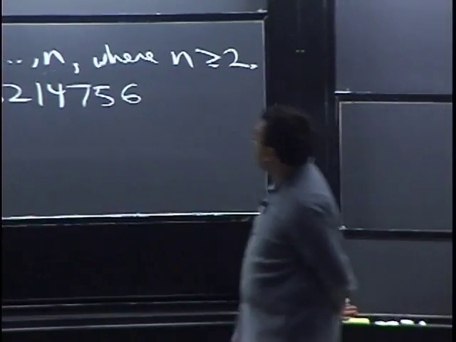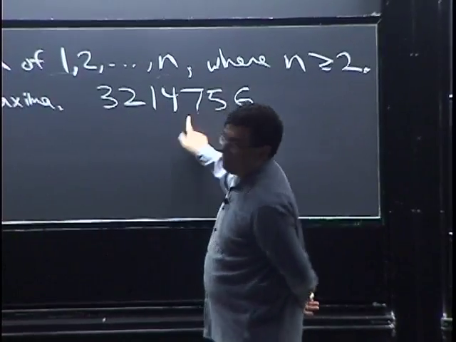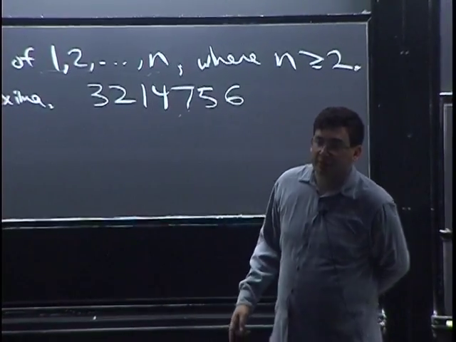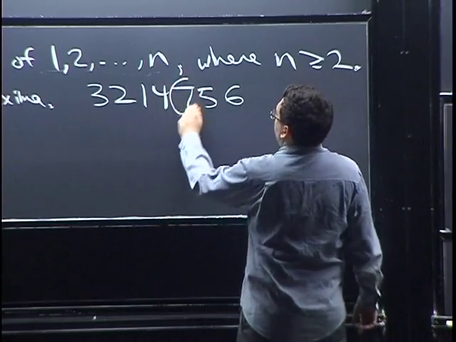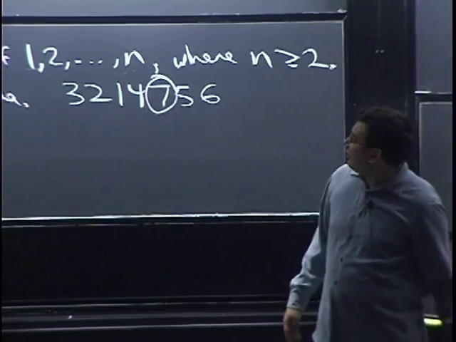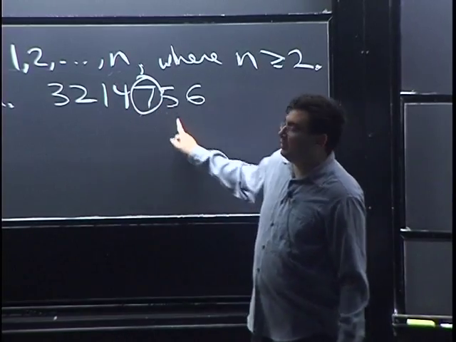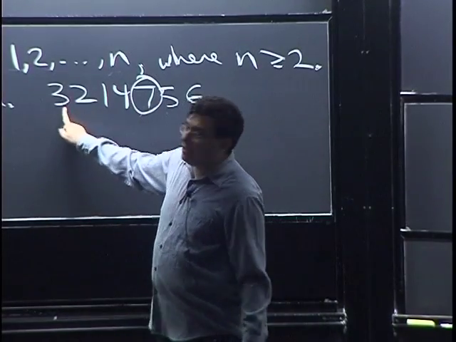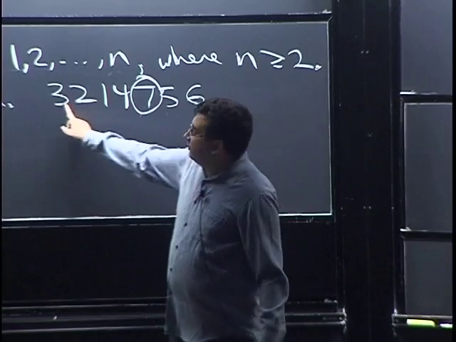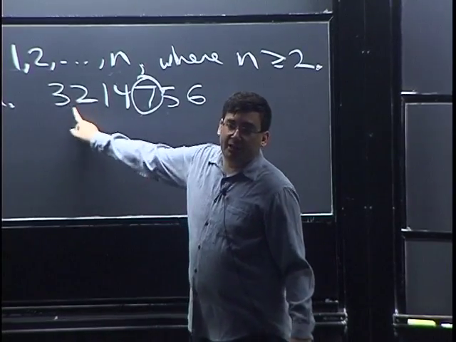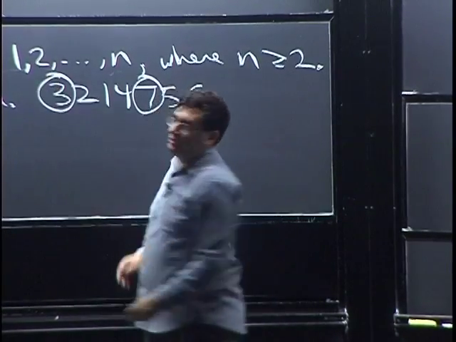A local maximum is any number that's bigger than its neighbors. I'm going to circle the local maxima. 7 is bigger than 4 and 5. Now, the 3 only has one neighbor, the 2, because it's at the endpoint. But 3 is bigger than 2, so that still counts.